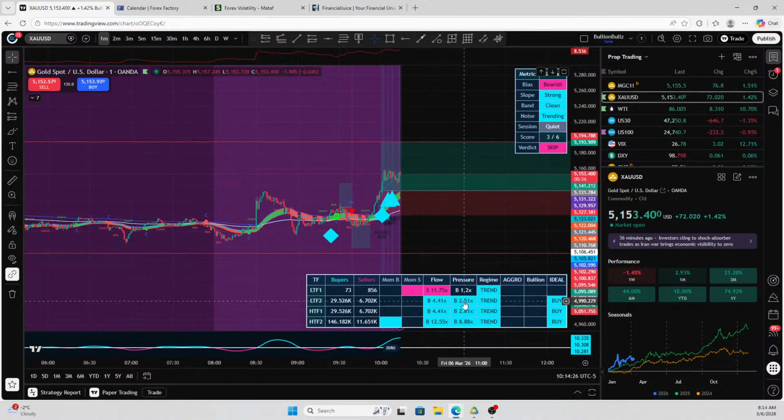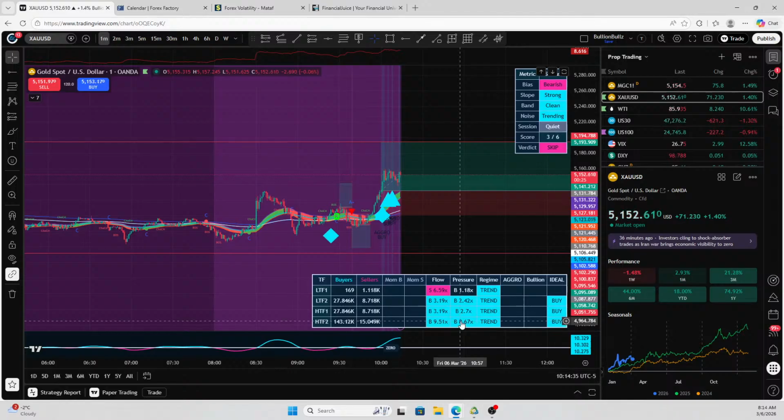So let's see, guys, this pressure is mounting up. As long as this pressure stays up, we have a good chance that the trade will keep moving in our direction.